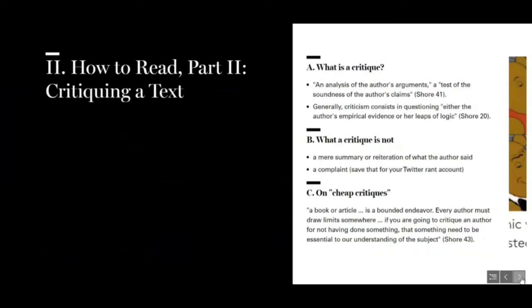So when you're criticizing an argument, you can either attack the author's empirics, or you can attack their leaps in logic or reasoning. So for example, the author may present data and then interpret the data in a particular way, you can challenge the author's interpretation of the data and say, hey, this is your argument about the data, but if you look at it from a different point of view, let's say you are interpreting the data from the perspective of middle class consumers.